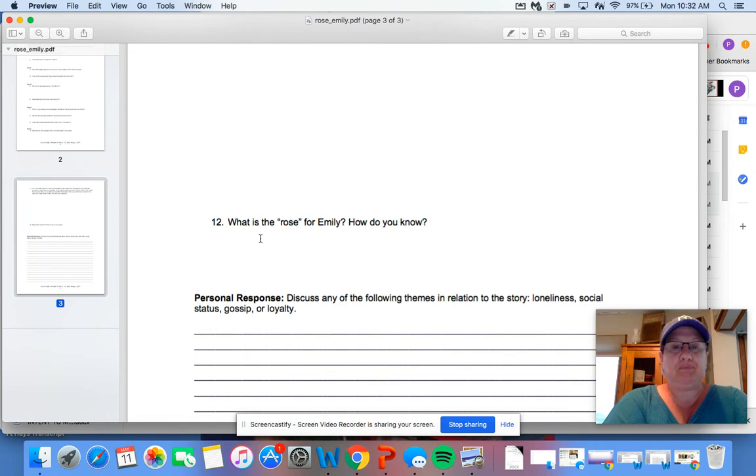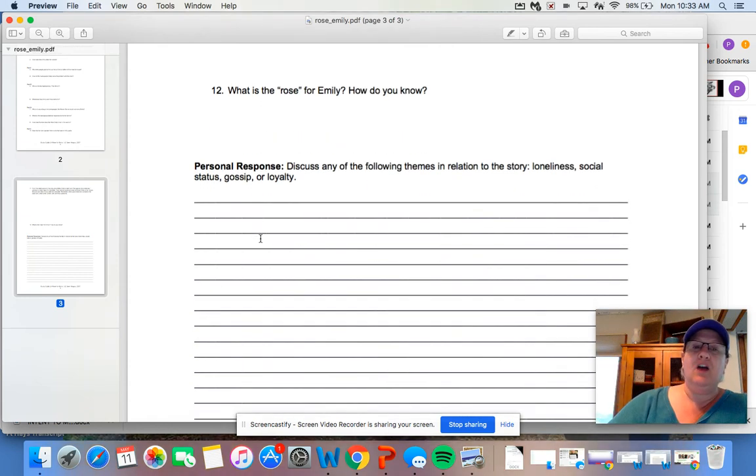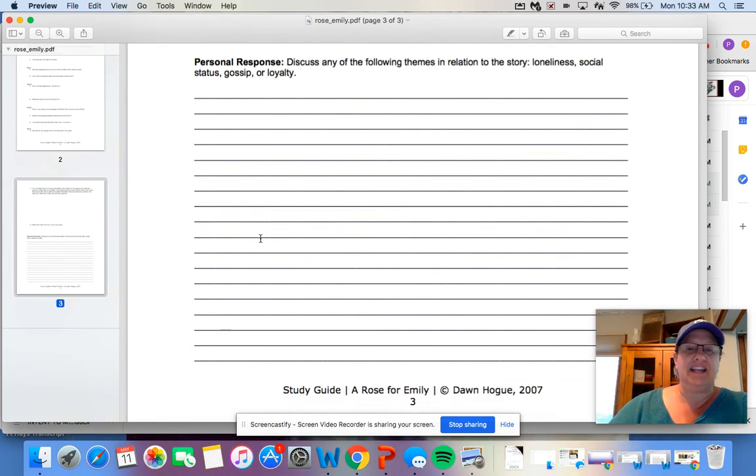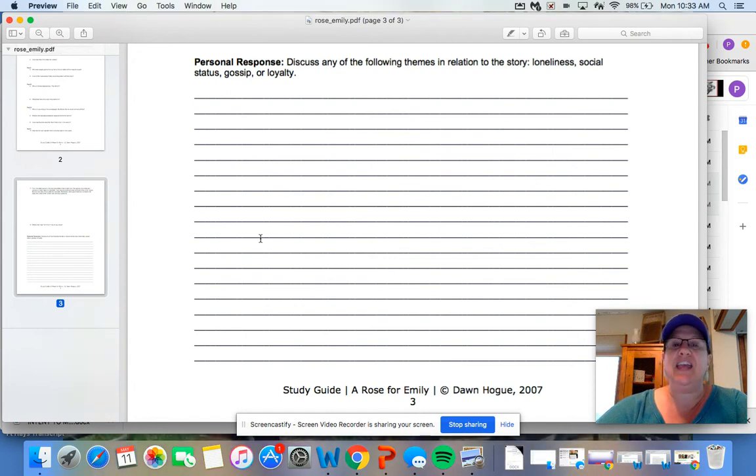Number 12. What is the rose for Emily? And how do you know this? That's going to require some speculation. All right. Then it asks, your last one, personal response. Discuss any of the following themes in relation to the story.